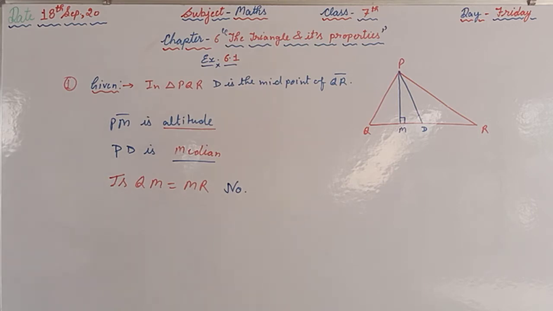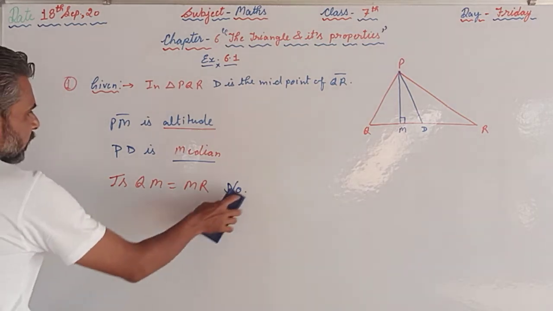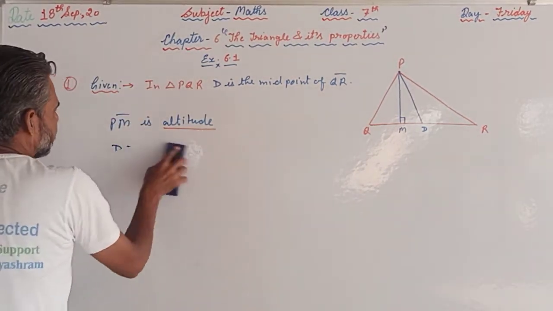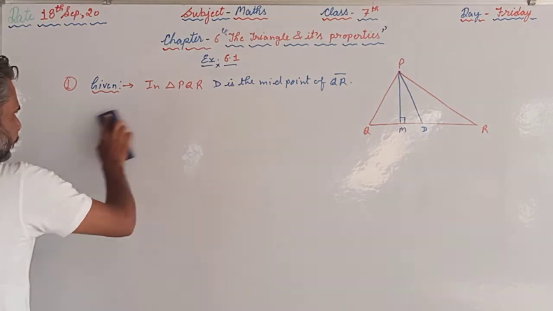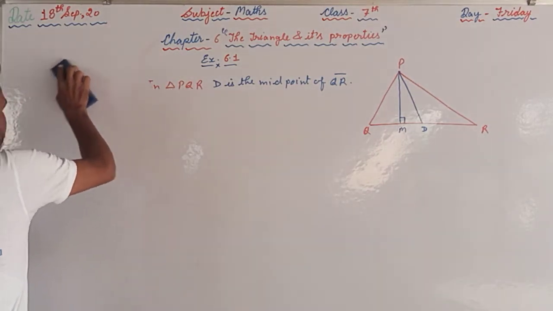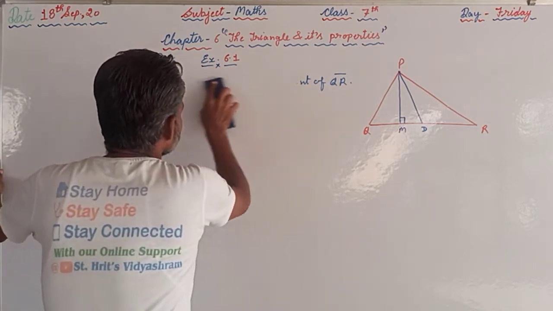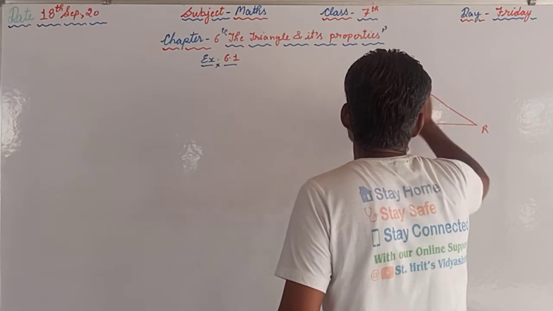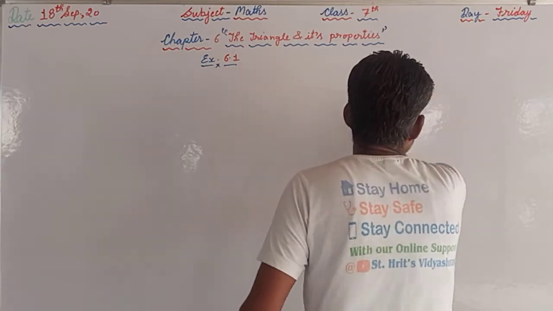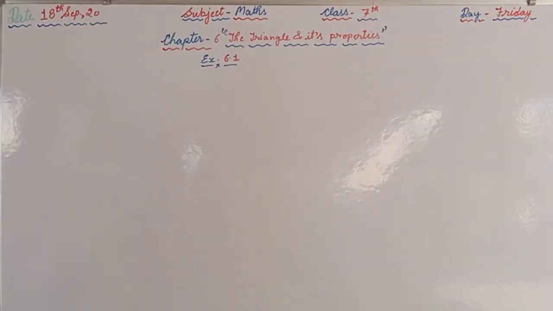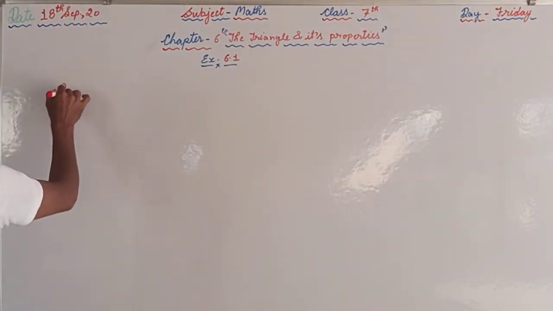In the next question, we are supposed to draw the rough sketch using the information given. So we are supposed to draw the rough sketch only.